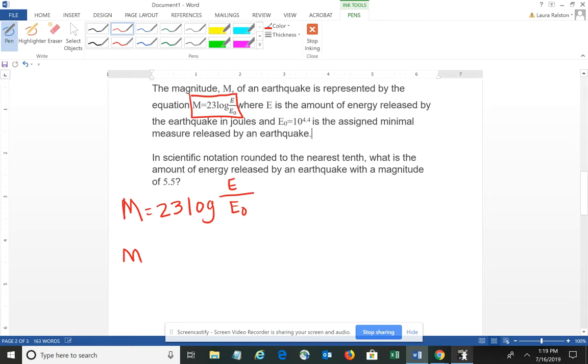And again, one of the first things I want to do is try to identify the pieces of information that are given. So M represents the magnitude. E is the energy released.